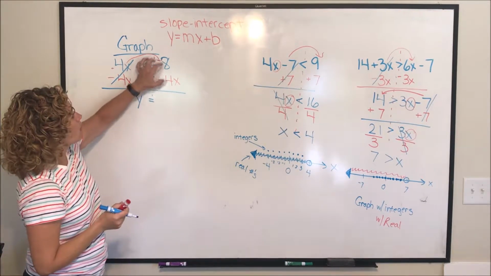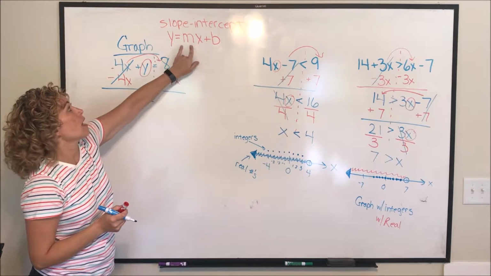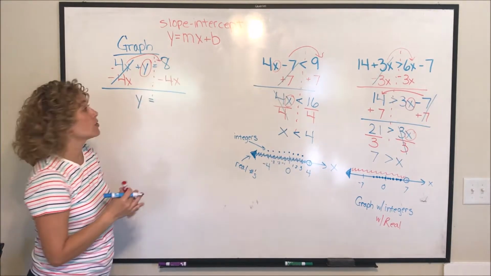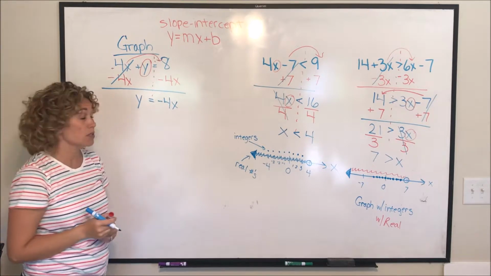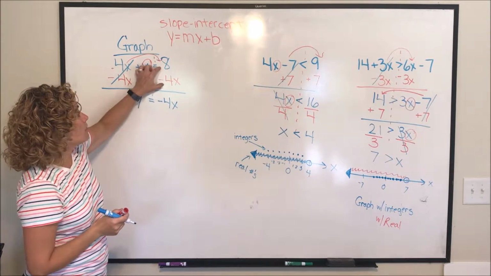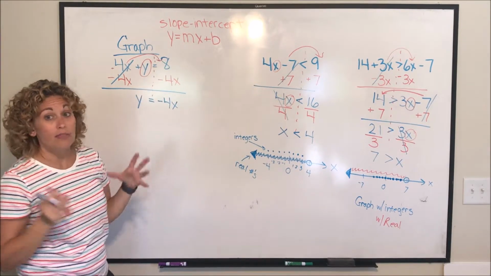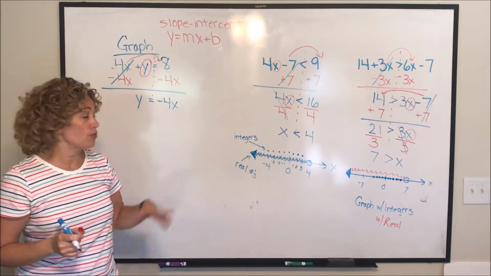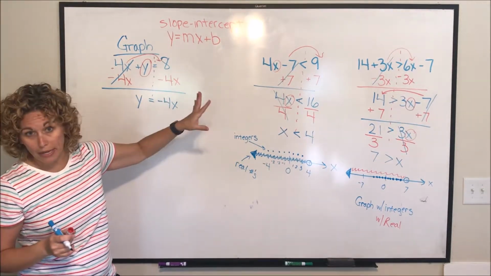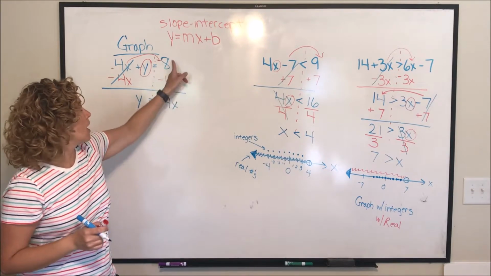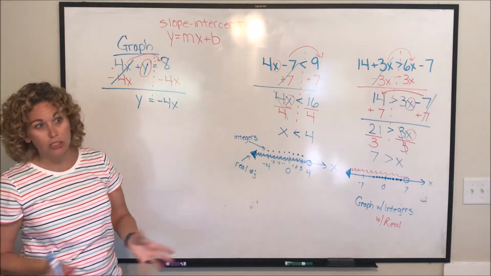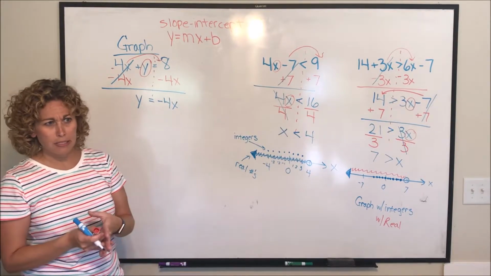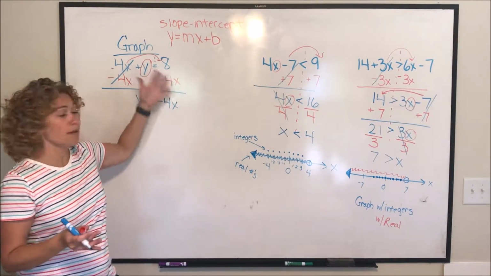Now, I want it in this form. I notice that my x term goes first, so I'm going to put the minus 4x first. Now, the negative 4x and the 8 are not like terms. You've got negative 4x, X-ray fish, and you have 8 people. They are not the same thing, okay? We don't do evolution, we don't do new species unless God creates them, so you can't make a new species.